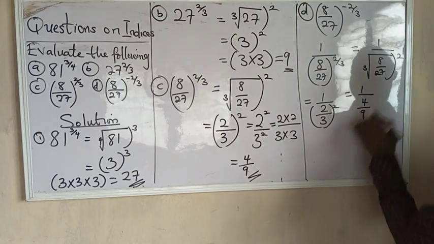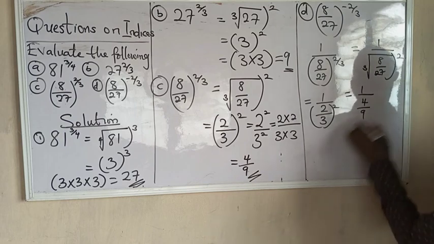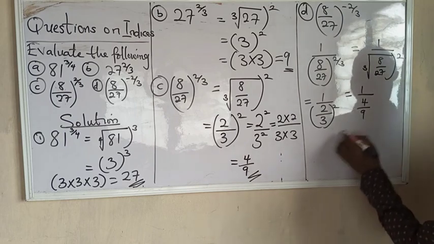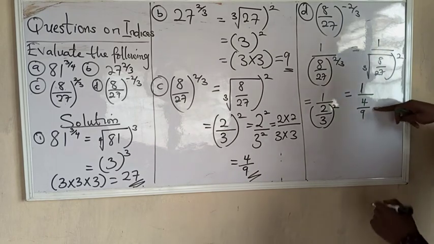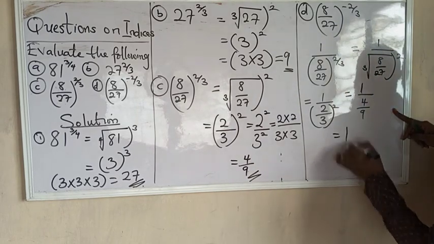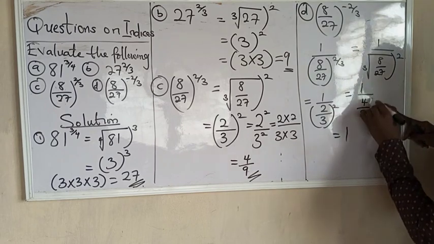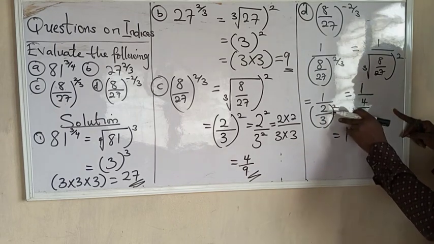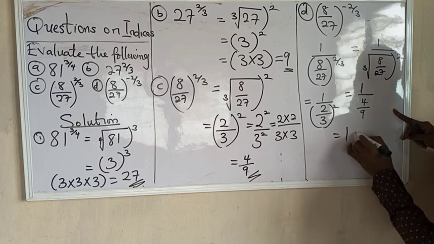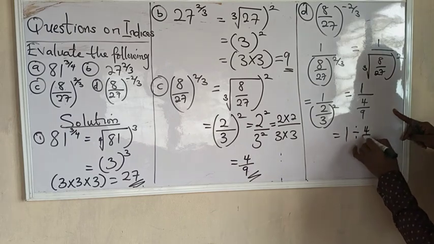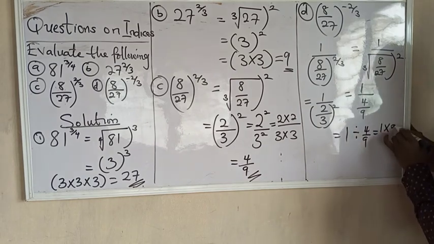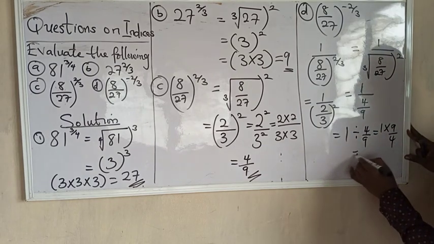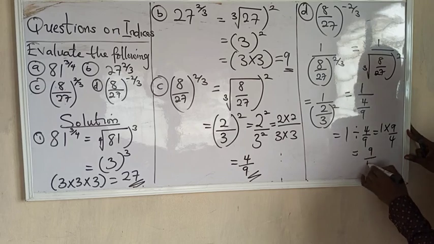At the end of the day, 1 over 4 over 9 is as simple as saying: this is my numerator, and the whole of this has been my denominator from the beginning. So it's numerator divided by denominator, which is 1 times 9 over 4, and the answer gives us what? 9 over 4.